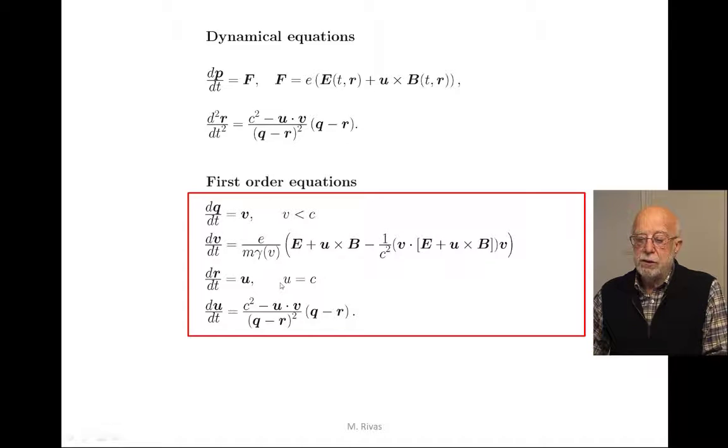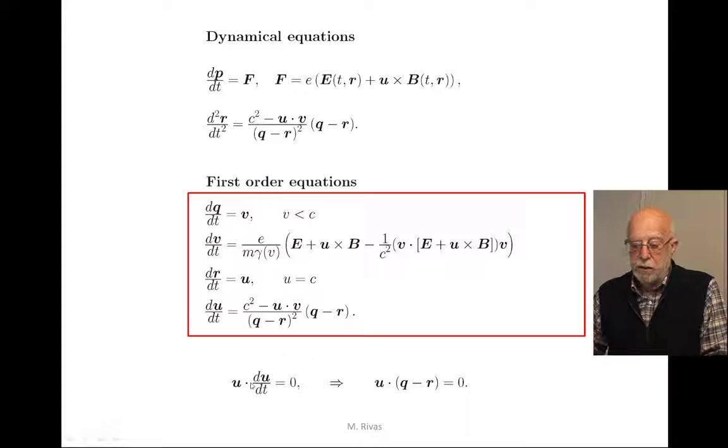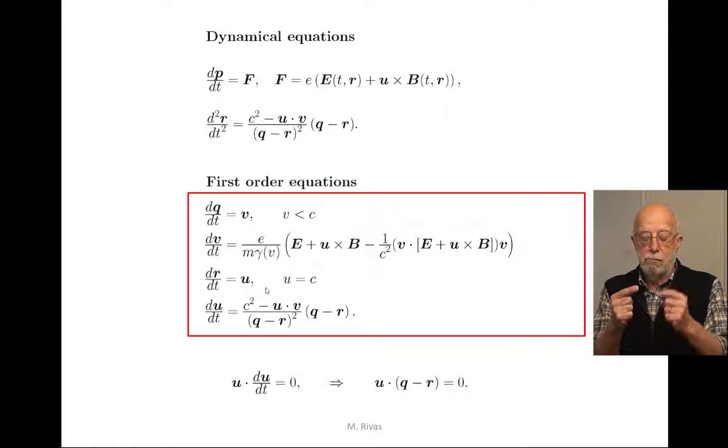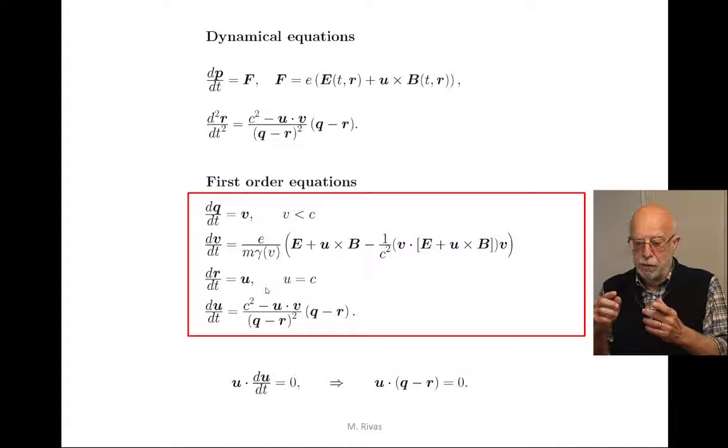And that this is always c is easily seen because if the absolute value of u is constant, it satisfies this equation. Taking this scalar product with u, we get this. The internal motion of the center of charge around the center of mass, for any arbitrary observer, is always orthogonal to the direction between these two points.